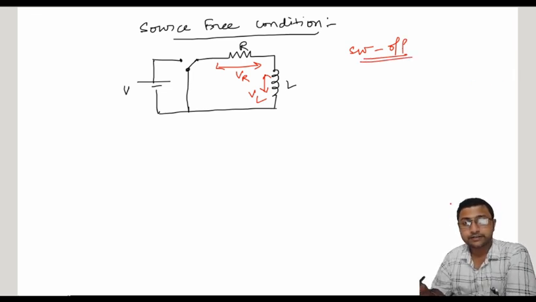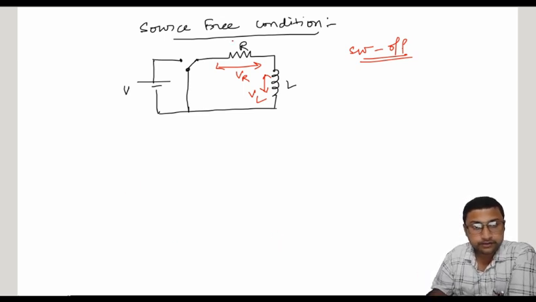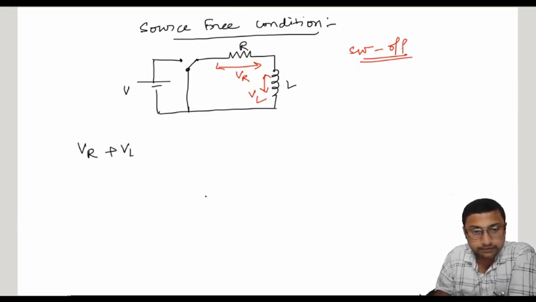So the analysis is the same. If we take the KVL equation, it is simply VR plus VL equal to 0.